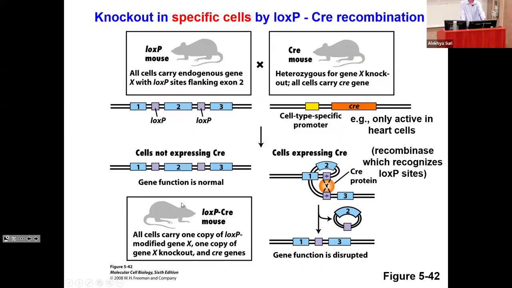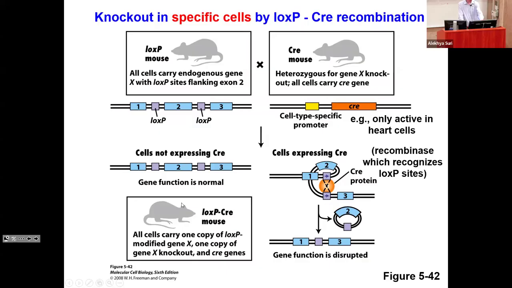Okay, so you would, for example, design now a mouse with these LoxP sites flanking, for example, exon 2 here. And you do this same principle what I said before with the transformation, marker gene, and so on.